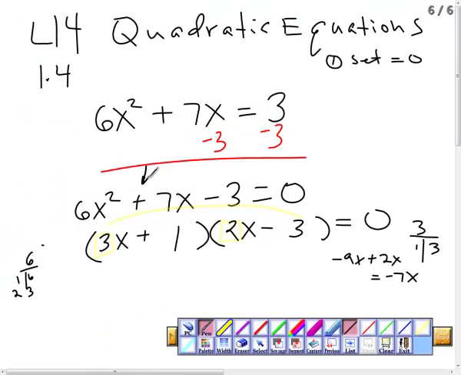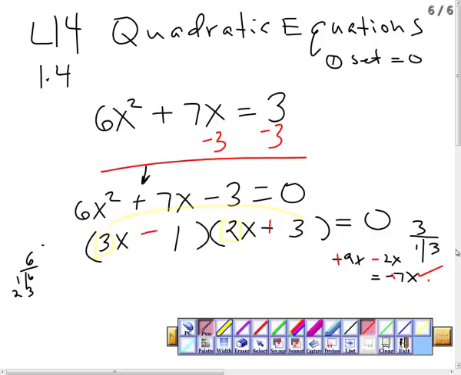We don't, right? The number works out, but the sign's wrong. So what do we got to do? Change the signs. Good. Make the plus a minus, make the minus a plus. Check it again. We get a plus 9x minus 2x, we get a plus 7x. That's what we want, and it checks.